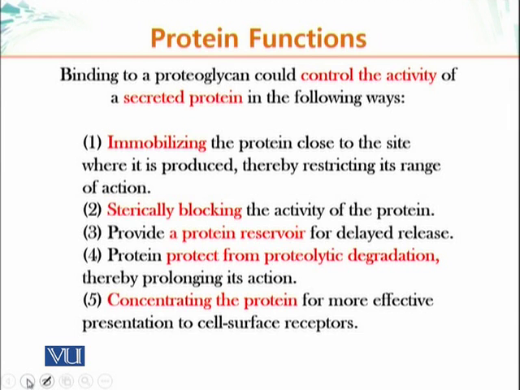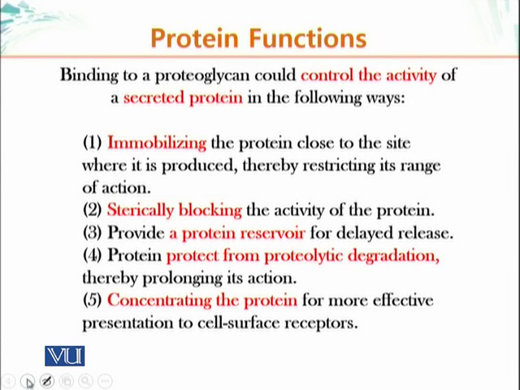So if a protein signaling molecule has been produced in a location and cells want to hold it for some time, they can act as immobilizers of signaling molecules. They can sterically block the activity of a protein. If an enzyme, for example, is glycosylated near the active site, it can inhibit the activity of that protein.